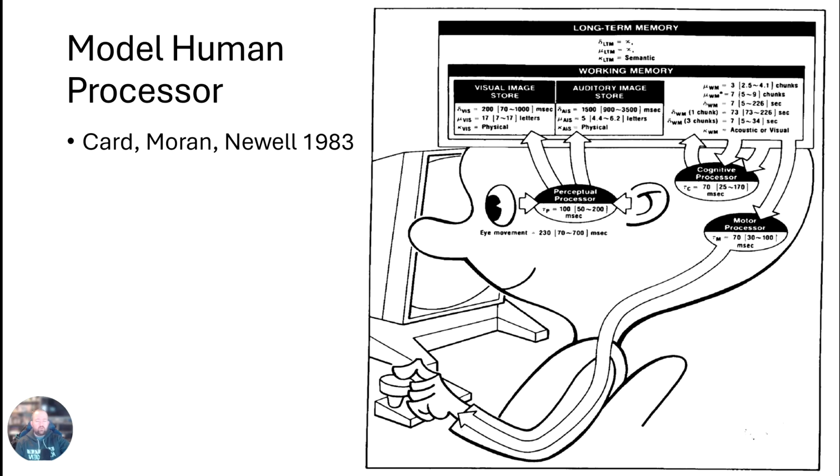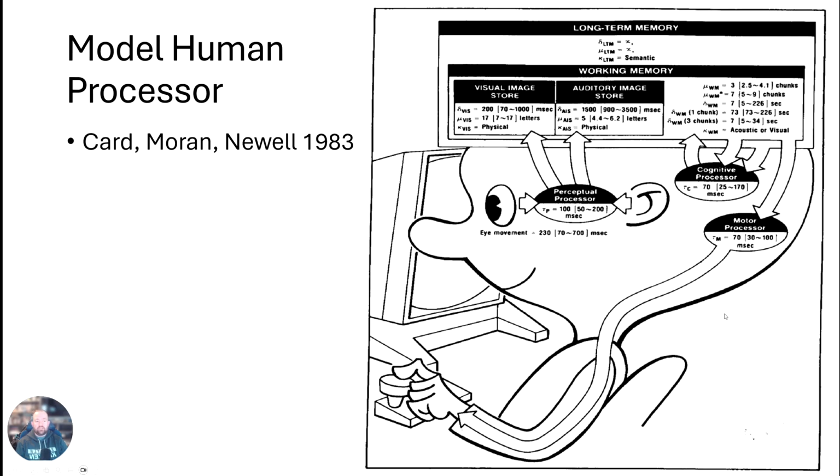So here's another example of the model human processor. So this is another informational processing model that was popularized in the 80s. It makes use of a lot of computational type ideas. So sometimes you'll hear it referred to as a computational theory of cognition.